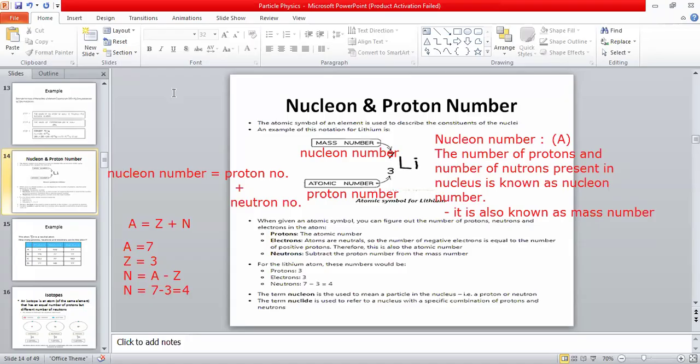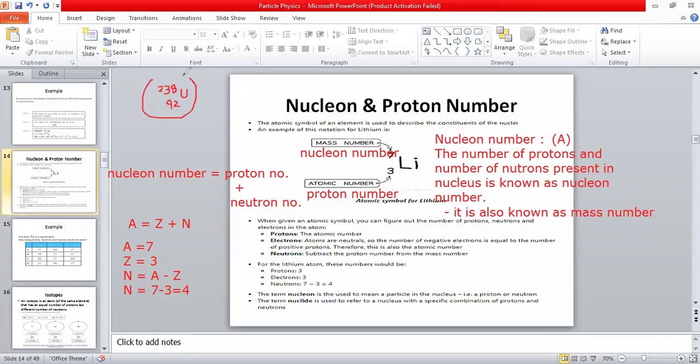Like we can have another one as well, uranium. Let's take one of the isotopes of uranium. At the top we have 238, and at the bottom, for instance, we have 92. So can any one of you answer, what is the atomic number of uranium?